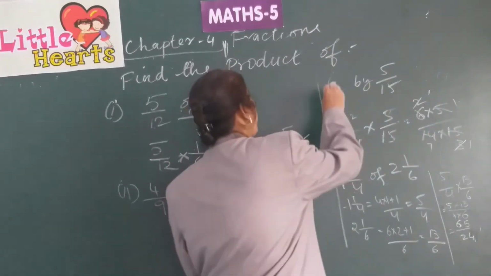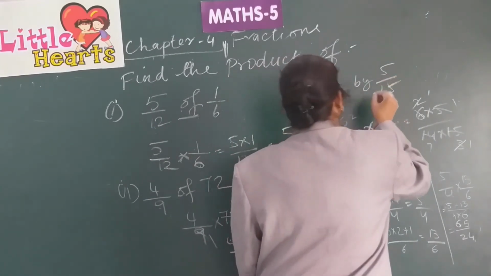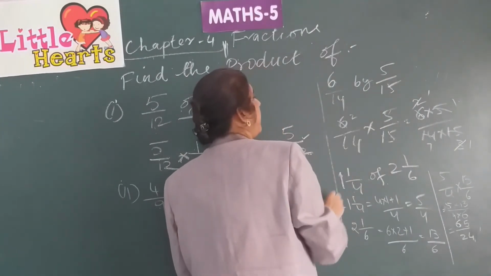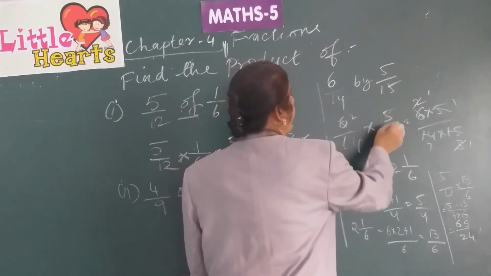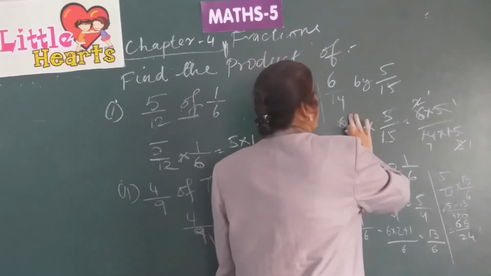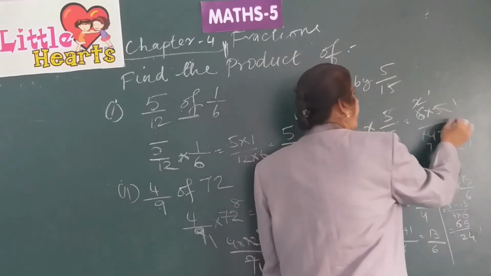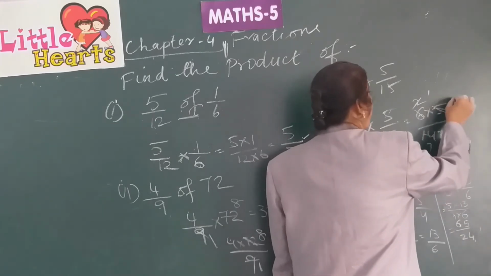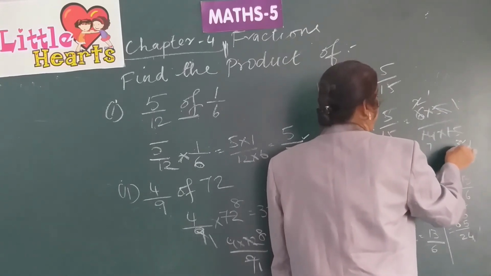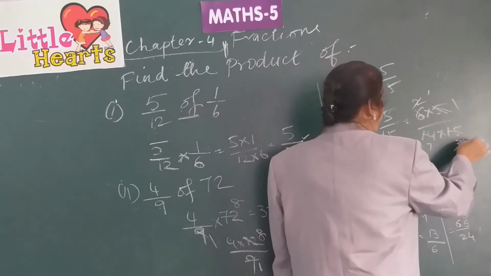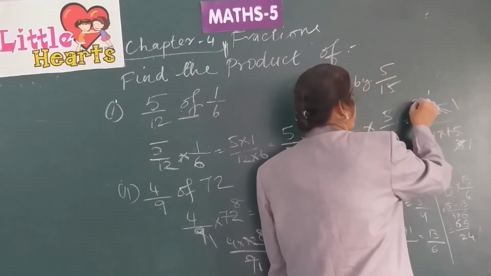Next, 6 by 14 and 5 by 15. Multiply 6 by 14 into 5 by 15. 6 into 5 by 14 into 15. Take these two now. 5 ones are 5, 5 threes are 15. Now take these two. 3 ones are 3, 3 twos are 6.